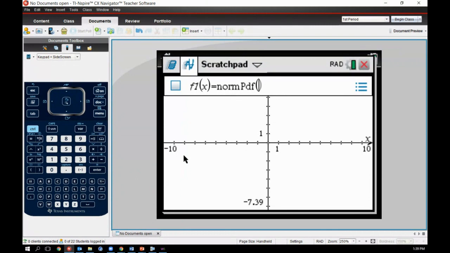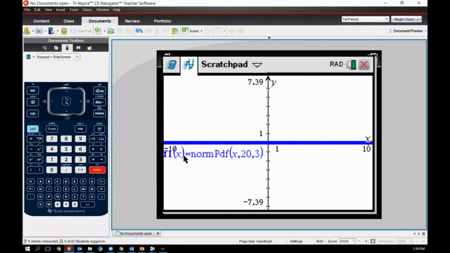Then we'll have to enter X, comma, 20, comma, 3. And then you'll hit enter.